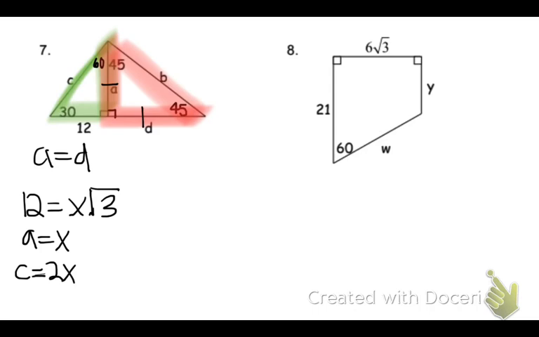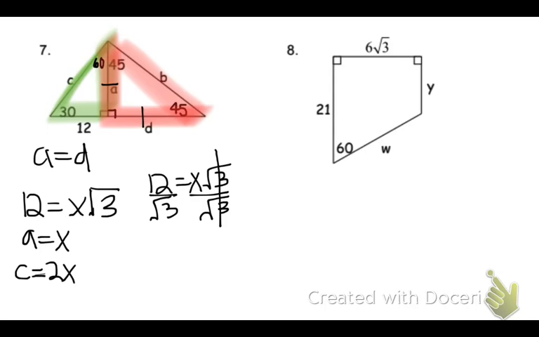So if 12 is X root 3, how can we figure out what X is? Like, how can we get rid of this root 3 right here? Well, we can just divide by root 3. So if 12 equals X root 3 and we just want X, we divide by root 3 on both sides. Here it's going to cancel out.